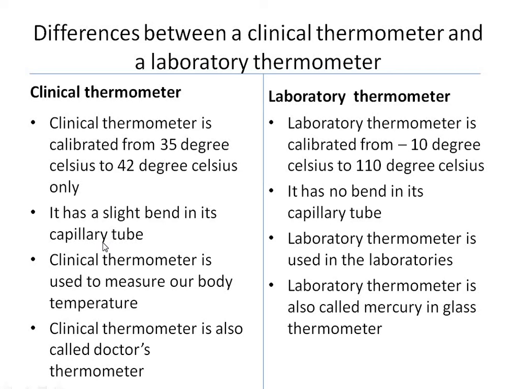You know for what this slight bend is given? Because after measuring the temperature, the mercury will fall down. The clinical thermometer's tip is kept in our mouth under the tongue for measuring the temperature, or it is kept in the armpit.